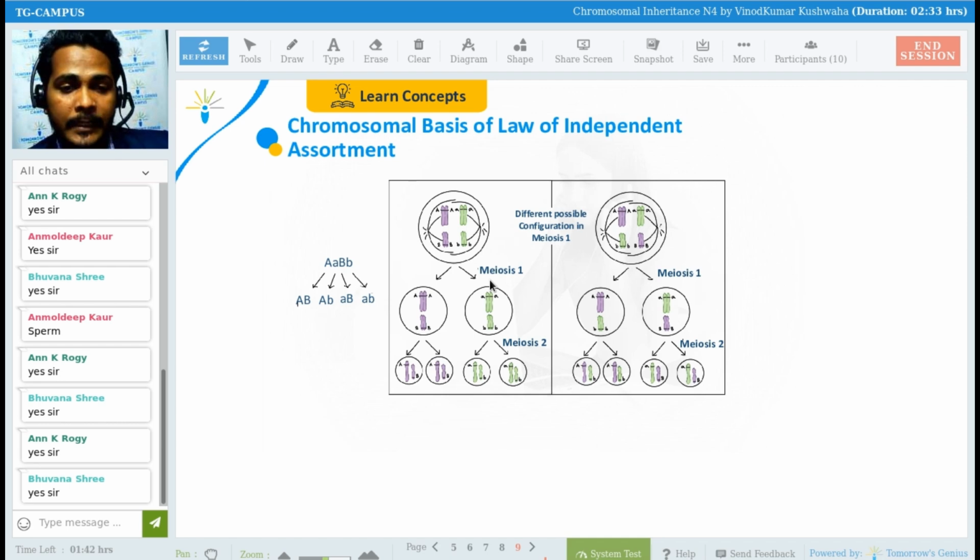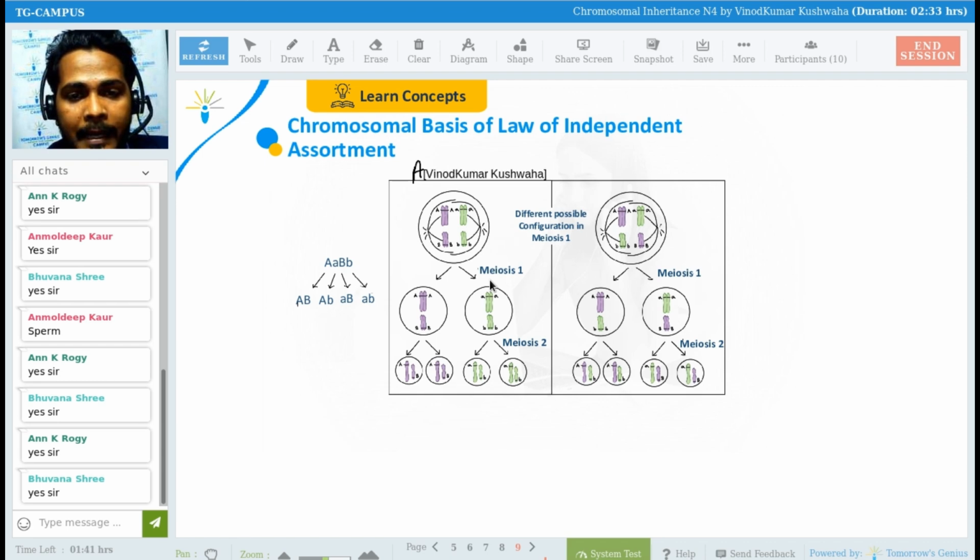In this you can see the two different possibilities shown in this particular diagram, right? So you can see allelic genes. Suppose there is yellow and green. Here I can mention this is capital A and capital B written over here, right?